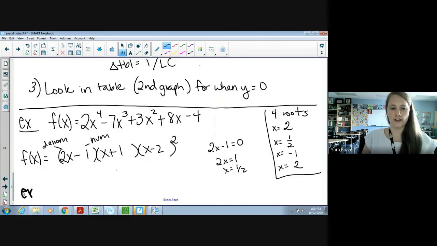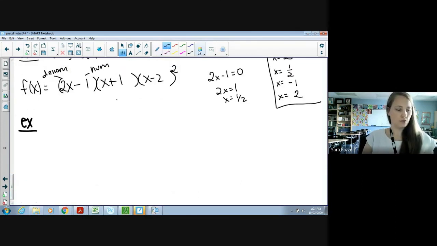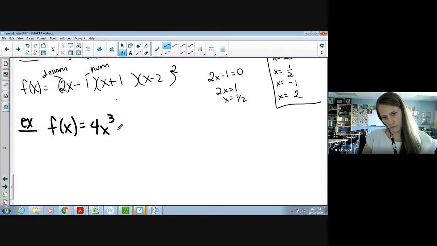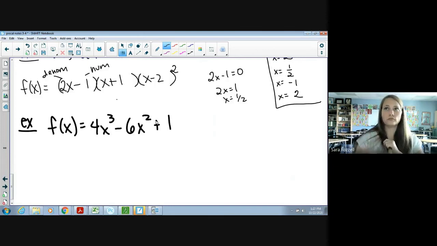Here's our last one for today. I'm going to save us a little bit of time and I'm not going to have to type this in because I know what the root's going to be in the calculator.